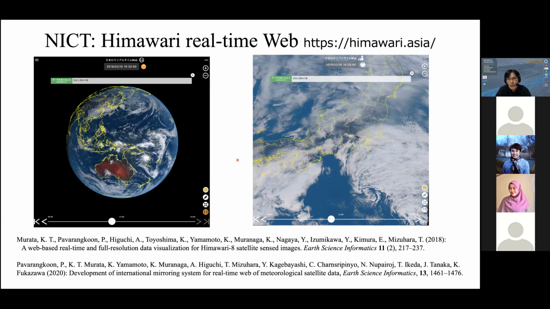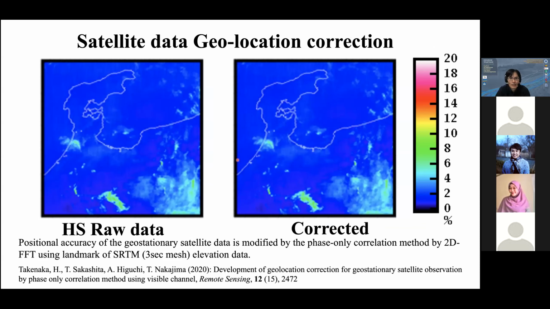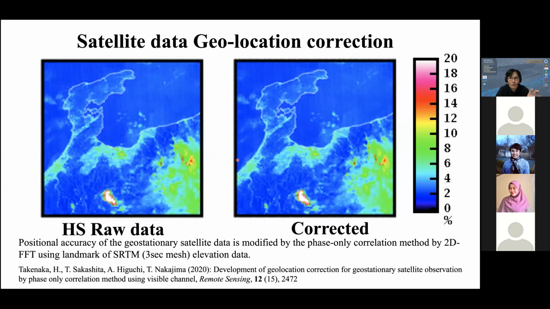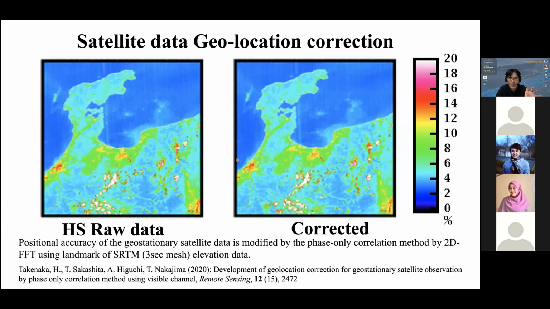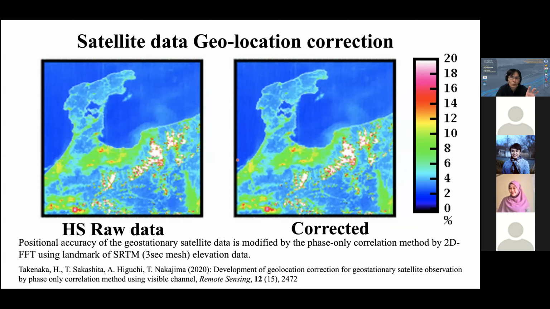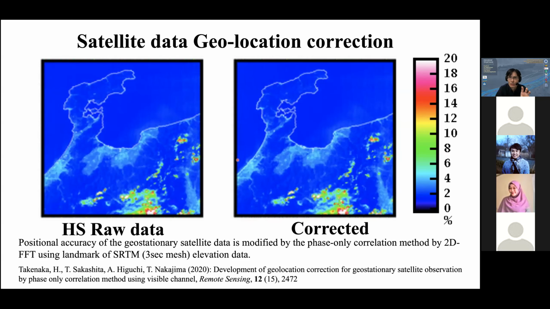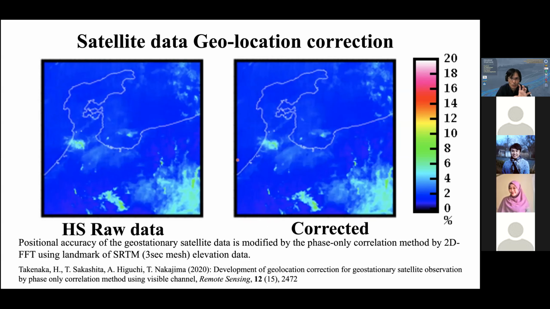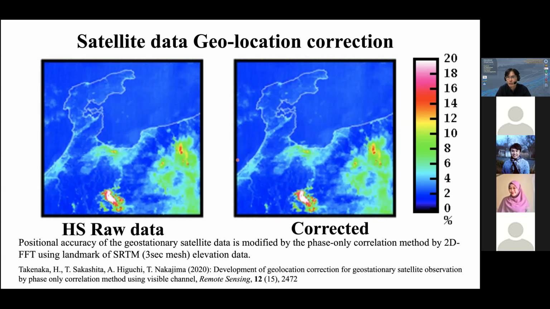We introduced our activities, and satellite data also needs geocorrection. This is one example. Even though Himawari-8 has good-quality geocorrection in its standard raw data, we also apply a more precise geocorrection product, called geolocation correction. This paper describes the algorithm.